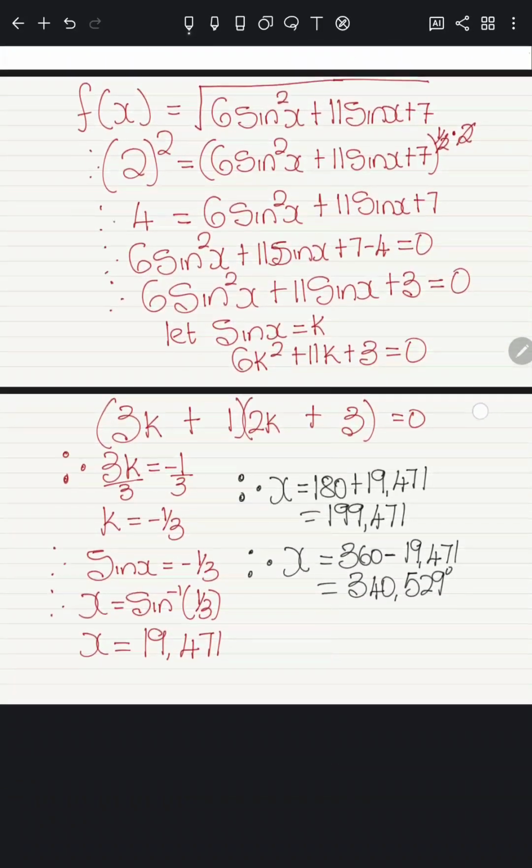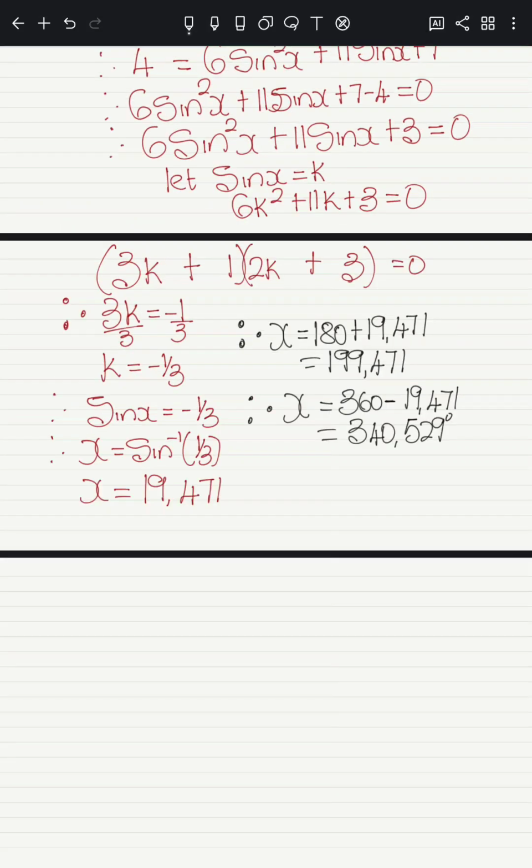Then we're going to do the second one. We still need it just in case. In the second one, we have 2k equal to -3. Then we divide by 2, so k is the same as -3/2.